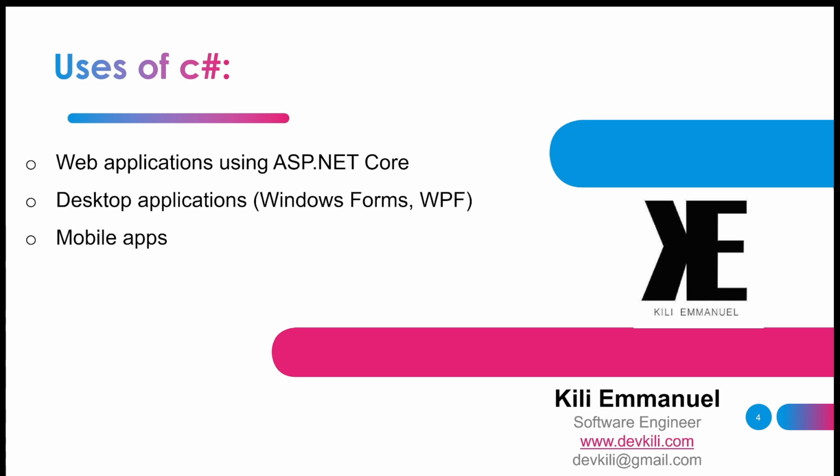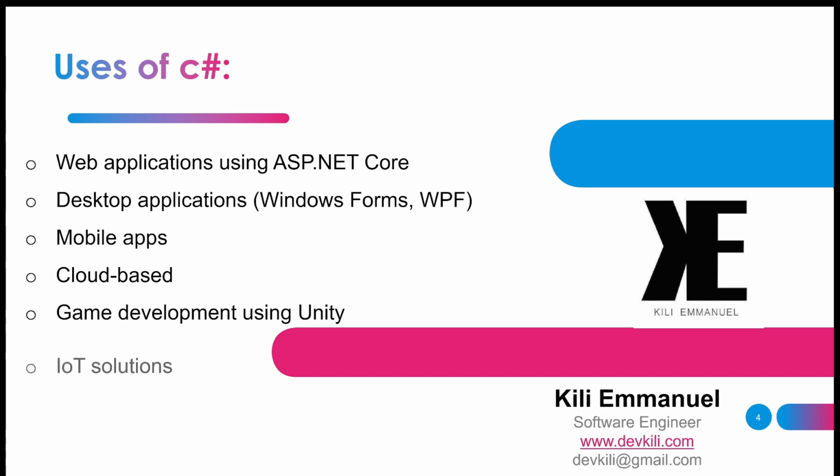So C# is one of the powerful programming languages to use. It is also used to develop cloud-based applications. Also, gaming. We can use Unity to develop games in C#. Also, IoT. C# supports development of IoT, the Internet of Things, solutions.